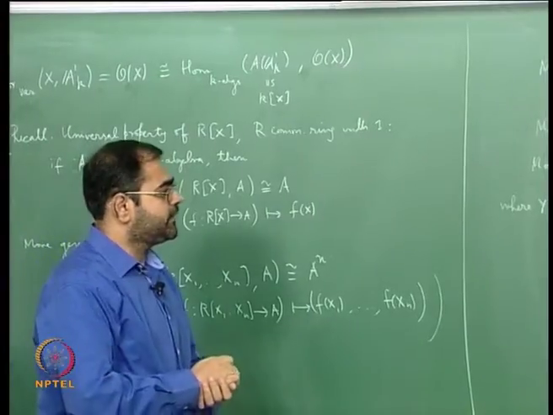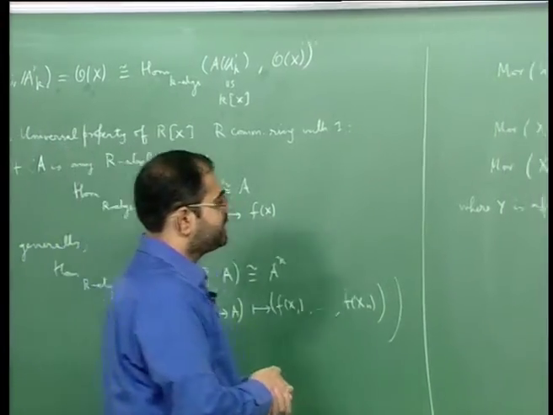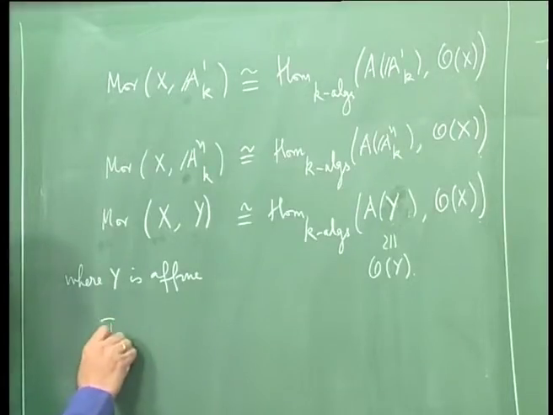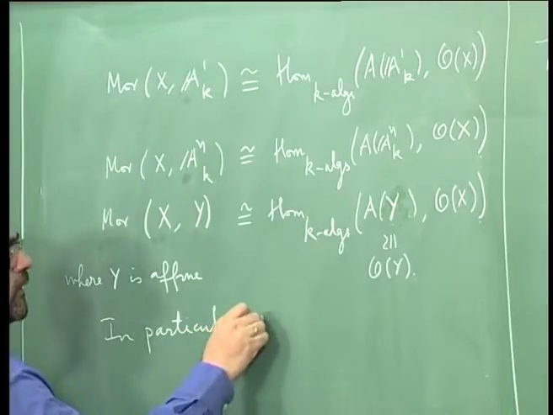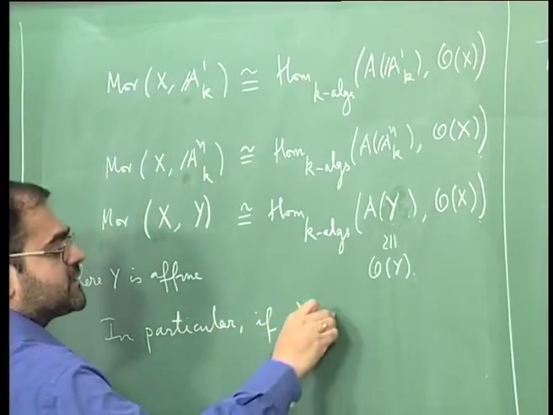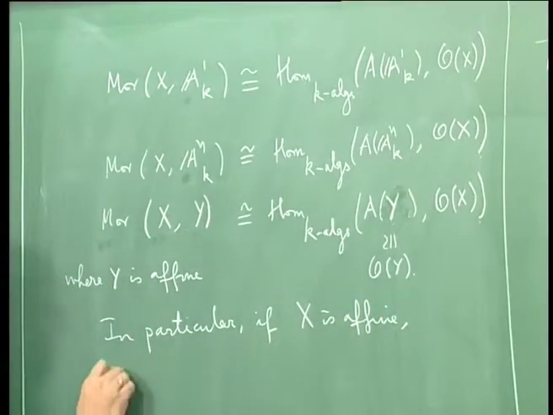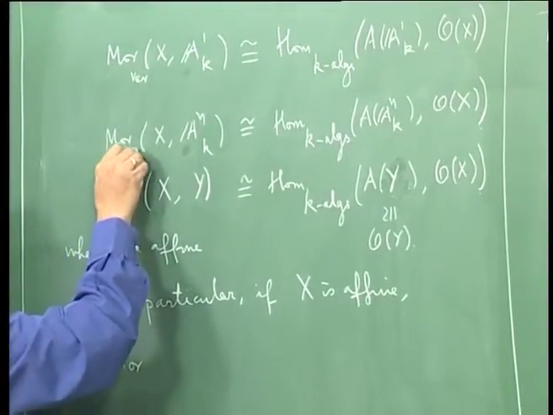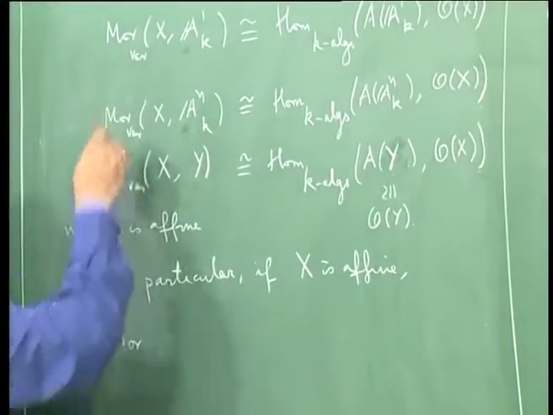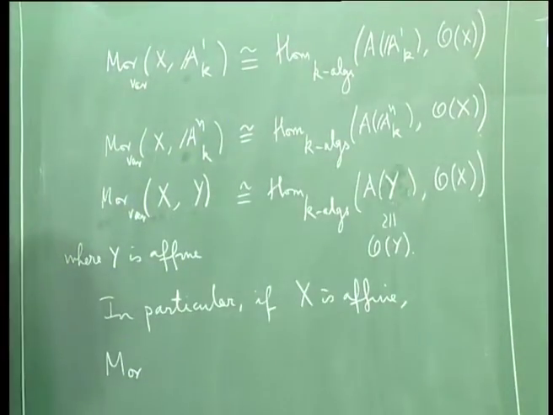And in particular, if X is affine, the last statement says that the morphisms, so here of course these are all morphisms as varieties. On this side it's the geometric side, there are morphisms between geometric objects, and this side is the algebra side, the commutative algebra side.